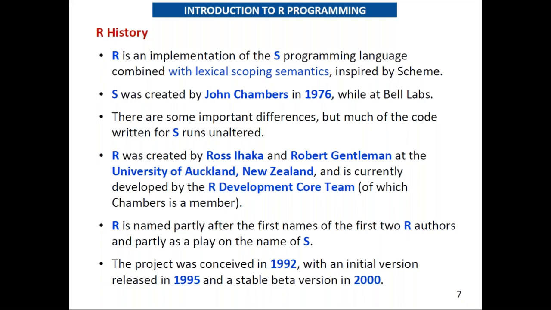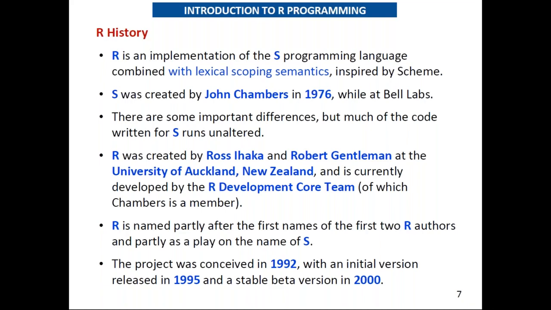Now coming to R. R was created by two scientists, Ross Ihaka and Robert Gentleman, at the University of Auckland, New Zealand, and is currently developed by the R Development Core team. A core team was formed with the name R Development Core team, of which Chambers is a member.